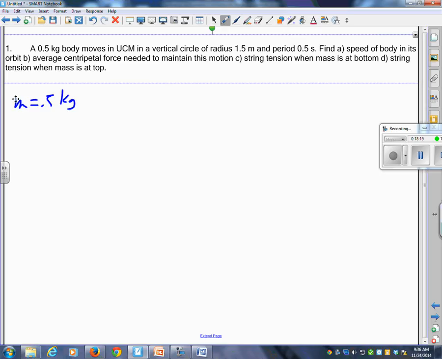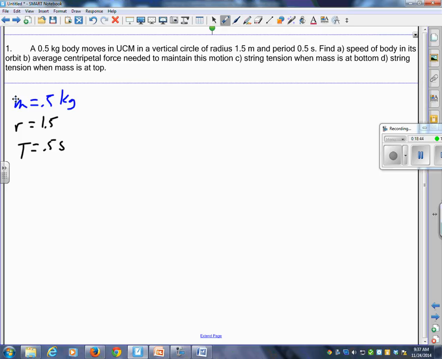The radius is 1.5. And just a little note here that on occasion they'll give you the diameter, so make sure that you always are looking for radius. And the period is 0.5 seconds. Find the speed of the body in its orbit. Find the average centripetal force needed to maintain this motion. Find the string tension when the mass is at the bottom and the string tension when the mass is at the top.